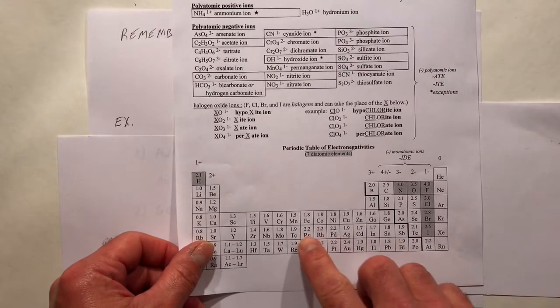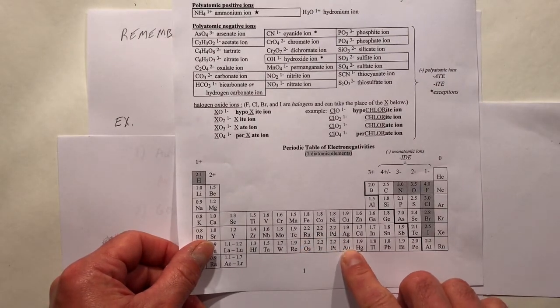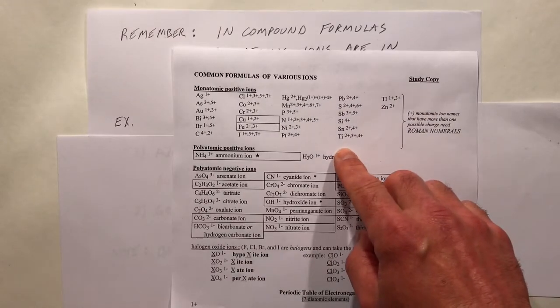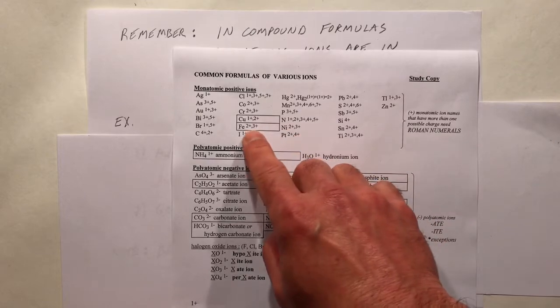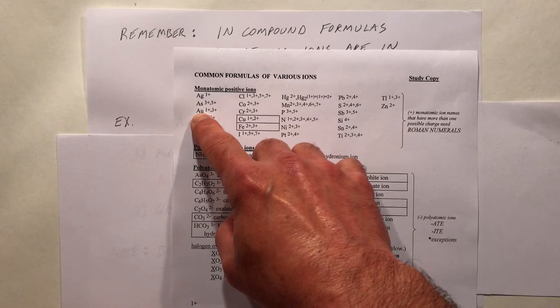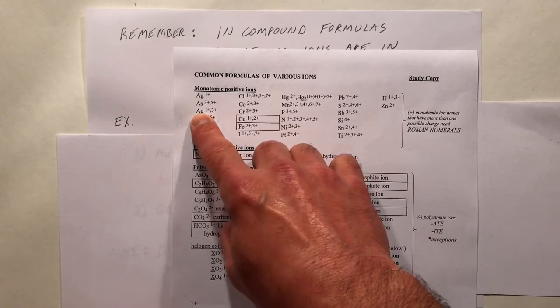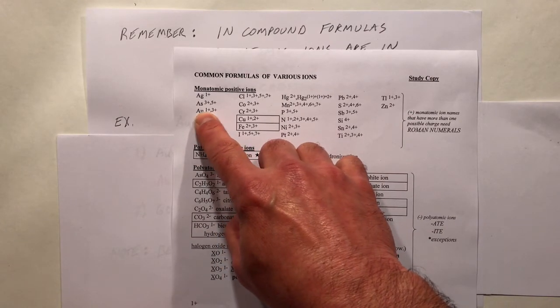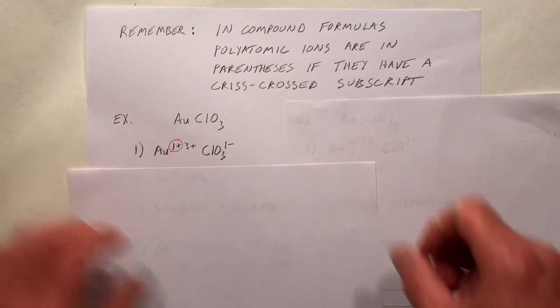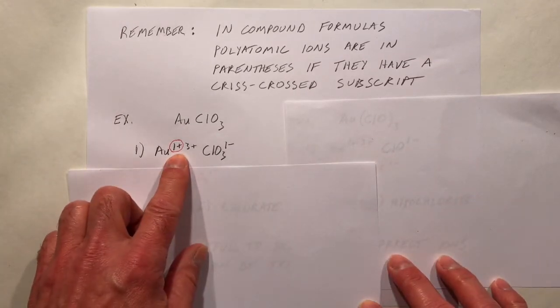Au is right here, in the middle part of the periodic table, so we can't determine its charge from there. So let's look up here and see if we have some experimental results for Au, and we do. Au could be 1 plus or 3 plus. Now Au is the element gold. So we're going to have gold Roman numeral 1 or gold Roman numeral 3 in this compound. It's going to turn out to be 1 plus, the 1 that'll work.